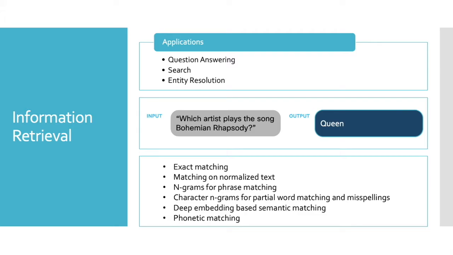You can use, for example, matching on normalized text with special characters removed. You can also use n-gram features for phrase matching or partial phrase matching. Character n-grams are useful for partial word matching and for things like misspellings and typos. You can also use deep embeddings, semantic embeddings, which are useful for matching in the semantic space.